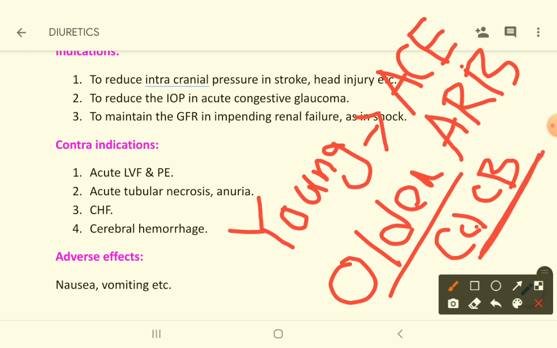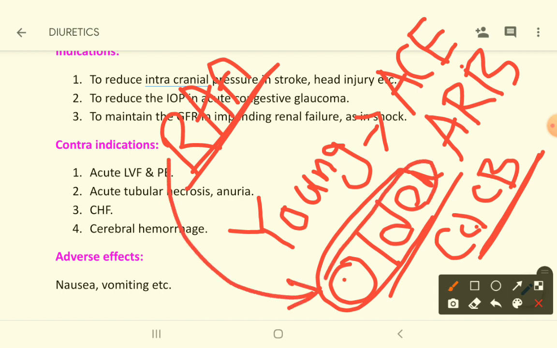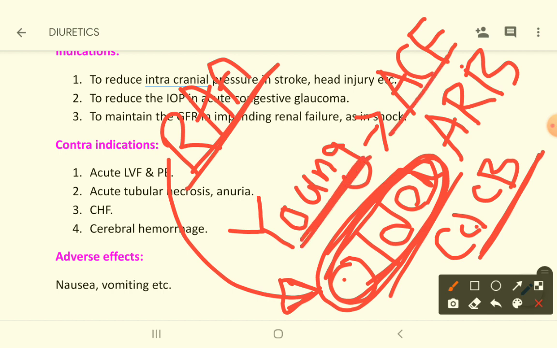So why is that? Because in case of older patient, the renin angiotensin aldosterone axis is less active. Their angiotensin 2 level is less in case of older patients. So if you give ACE inhibitors and or ARBs, these drugs will be less effective in older patients. So in case of younger patients, the angiotensin level is higher. For that reason, you give ACE inhibitors or ARBs in the younger patient.